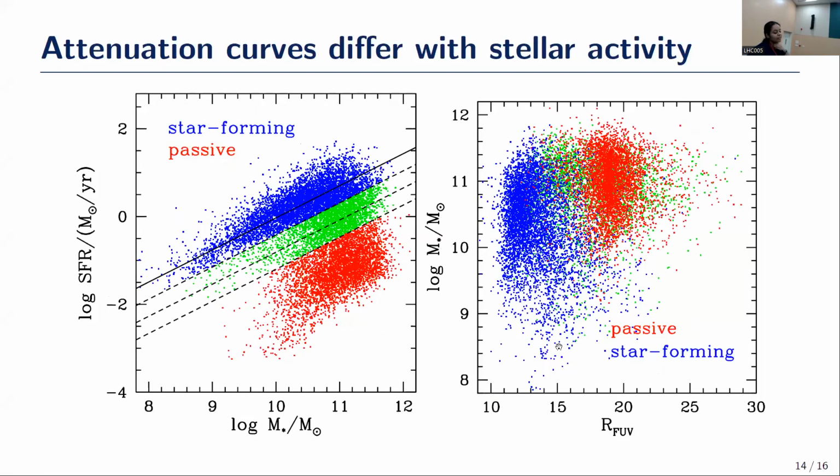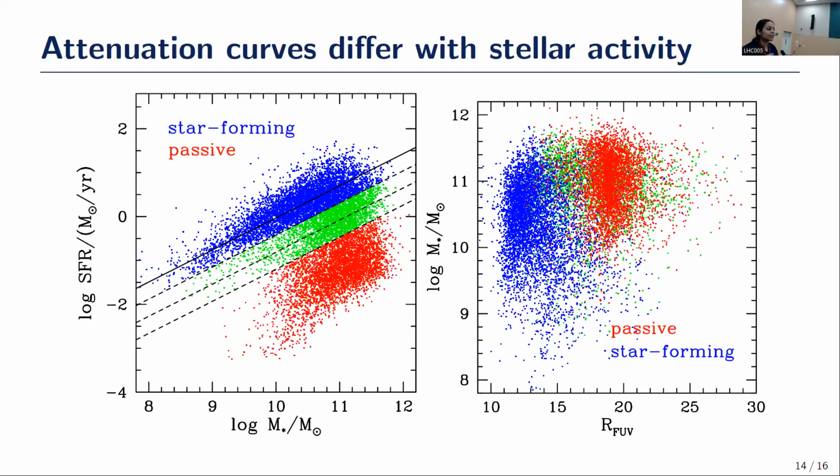So you can see it in terms of, if we divide galaxies into star forming and passive, you can see that again they have distinct values of the slope. So passive and spheroid galaxies are behaving in a similar manner. So what this tells you is that how dust is distributed within a galaxy would determine how the attenuation will be.